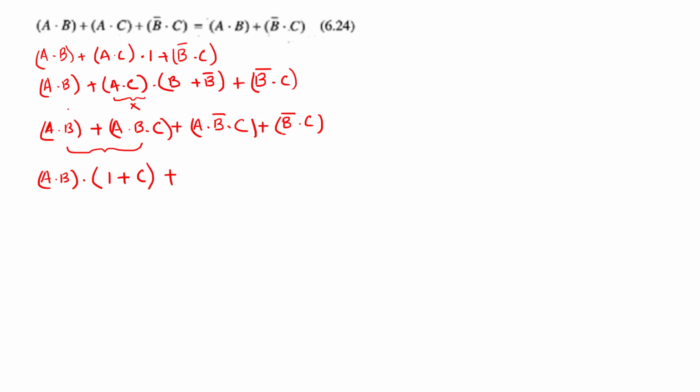Similarly over here I can write (A OR 1) AND B bar AND C. And we know that anything that is ORed with a 1 gives us a 1. So this here is reduced to (A AND B) OR (B bar AND C), which is my right side of the equality.